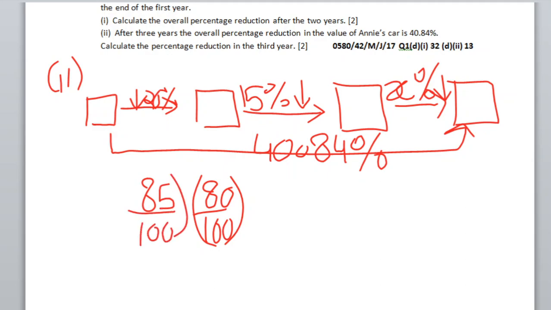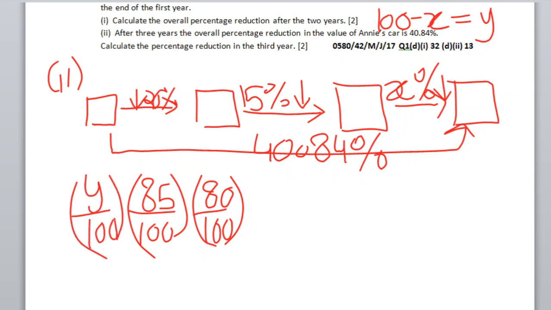And then there's a reduction of X% in the third year, and let's say 100 minus X is Y. So Y percent is left at the end of the third year. So we write Y over 100.